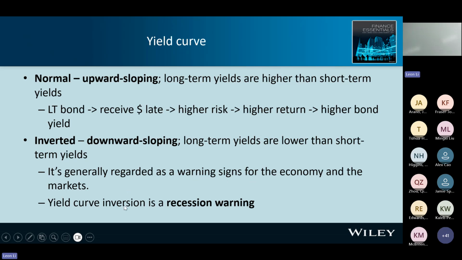So yield curve inversion is a recession warning. Normally we have the upward sloping yield curve because investors prefer having money today rather than money in the future. So a long-term bond receives money late, with higher return. But if we observe a downward sloping curve, you know a recession might occur.